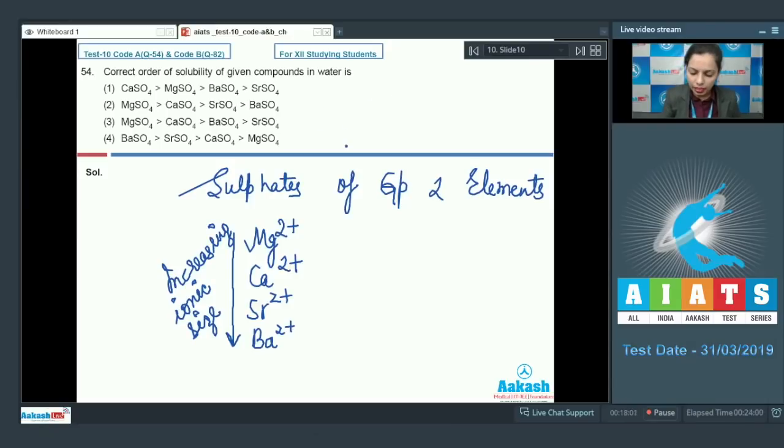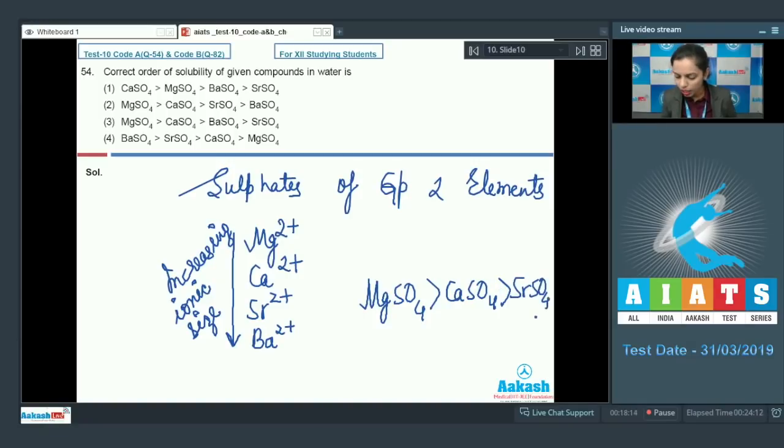Definitely in that case, MgSO4 is most soluble. After that, there should be calcium sulfate, then strontium sulfate would be there. And after that, there would be the turn for barium sulfate, the least soluble one. This order is correctly given here in option 2. So just choose option 2 for this question as the correct answer.